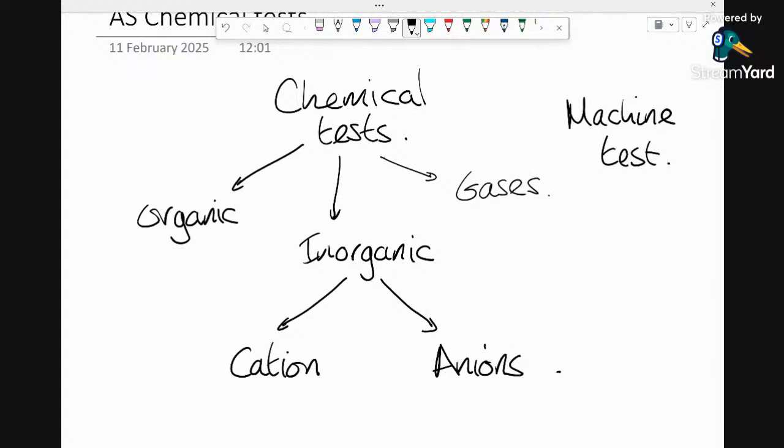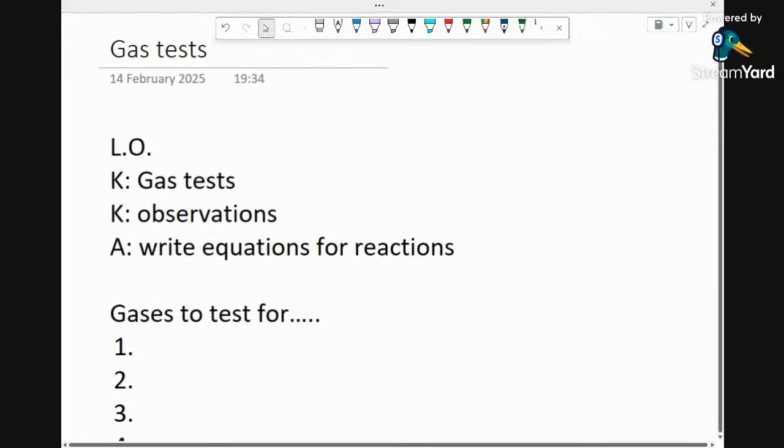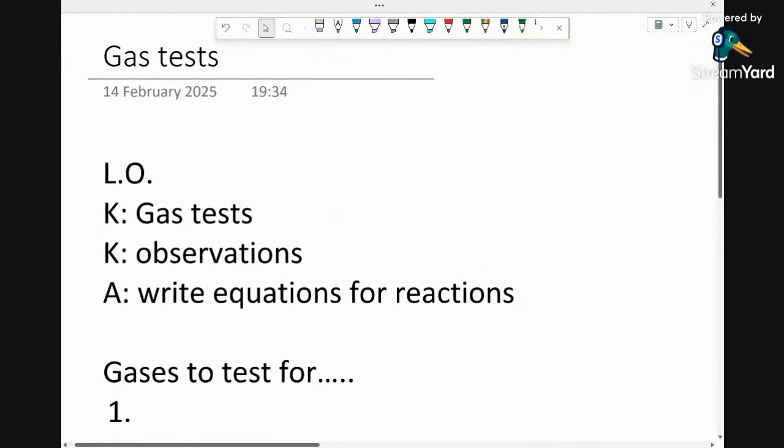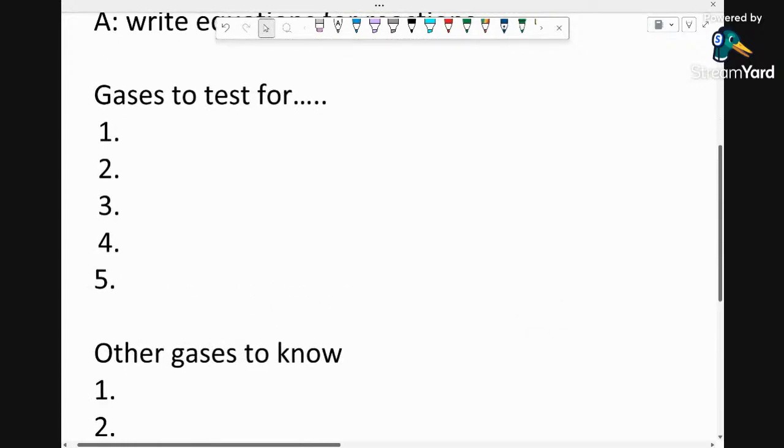I've ticked off organic, that's done, and we're moving on to gases. At A-level chemistry, I need you to know the gases that we're testing for, the reagents that we're using, the observations, and I need you to be able to write equations for each of the reactions.